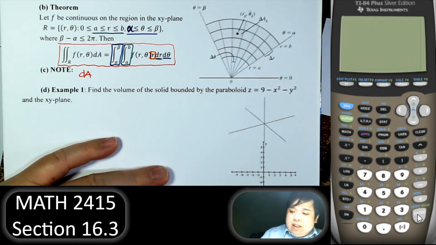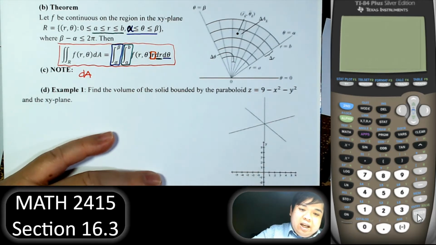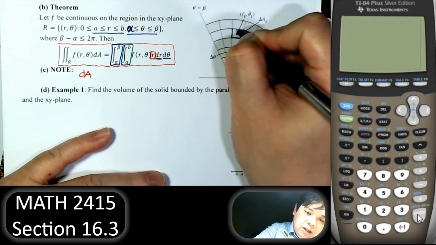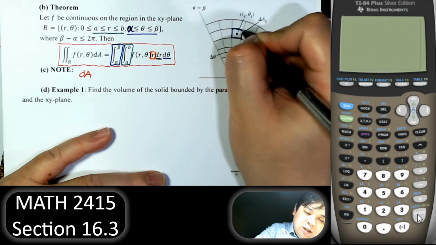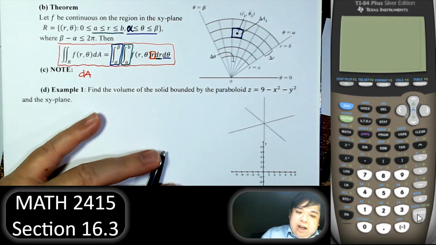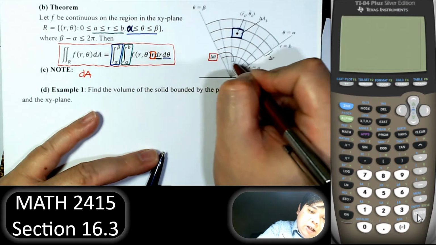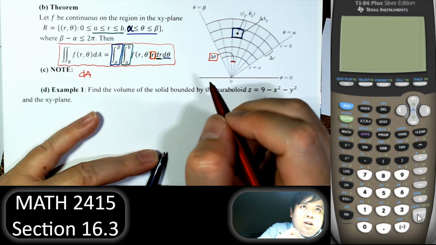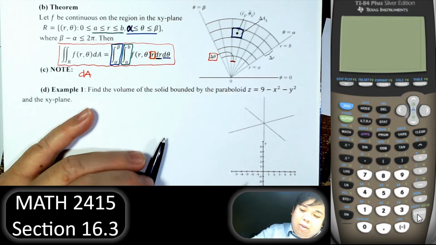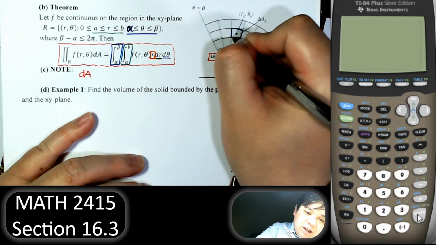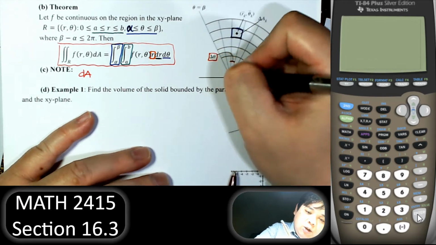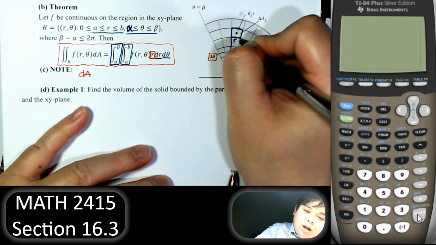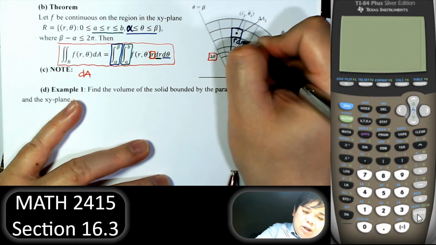Or we can look at it this way: dA is a small segment here, and we have the change in angle times the radius. So if we talk about the arc length here, it's going to be r times d theta.